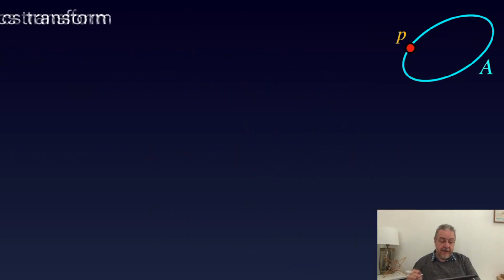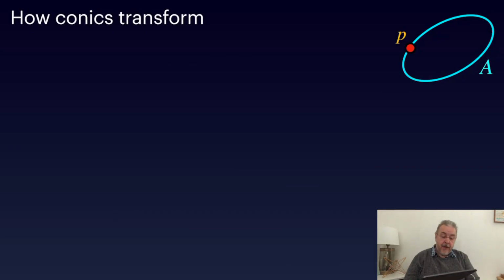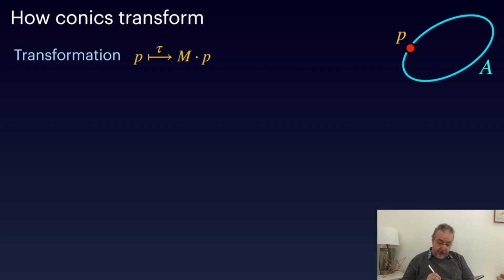So let us start with transformation behavior. And for that, we consider a projective transformation that maps a point to a different point. You may remember projective transformations on the point level were given by multiplication with a matrix.